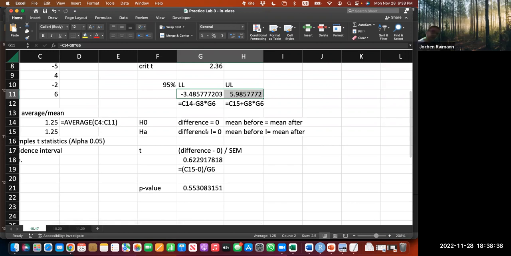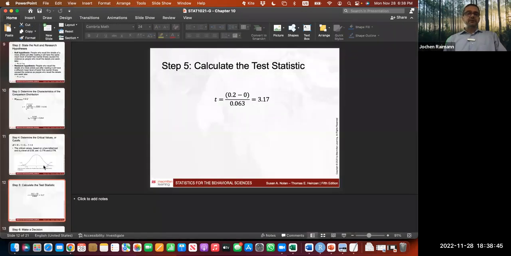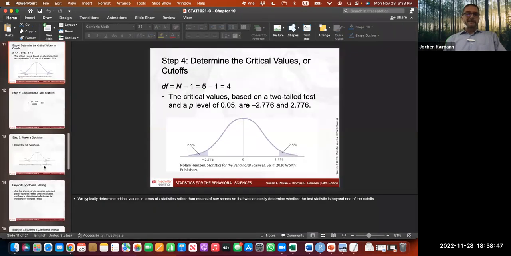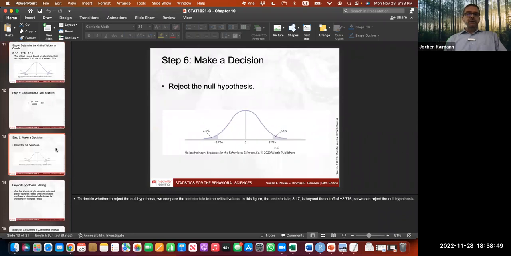All right. So let's go back. Let's go to the paired sample t-test. In that example, the degree of freedom was 7, and critically t was 2.78.